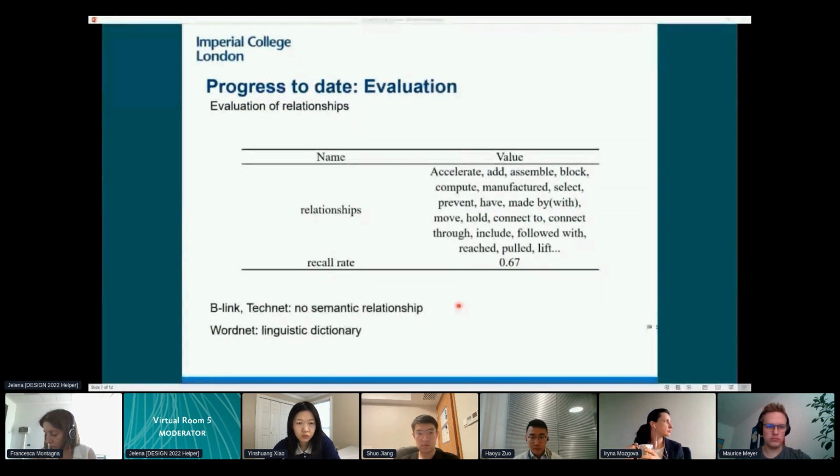However, some of them don't have semantic relationships, for example, B-Link or TechNet, or some of them are linguistic English dictionaries, which mostly provide taxonomy semantic relationships. So it is unfair to have a quantifying comparison between them. Only the result of pattern KG here is computed, which is 0.67.